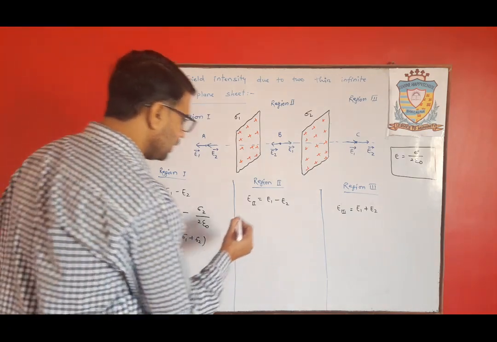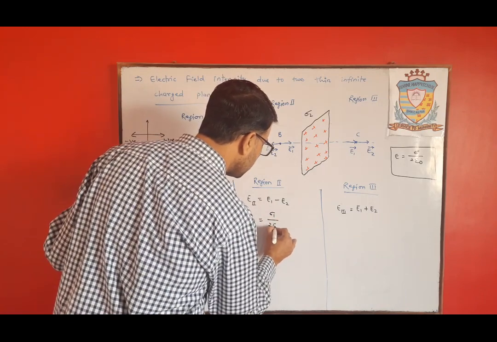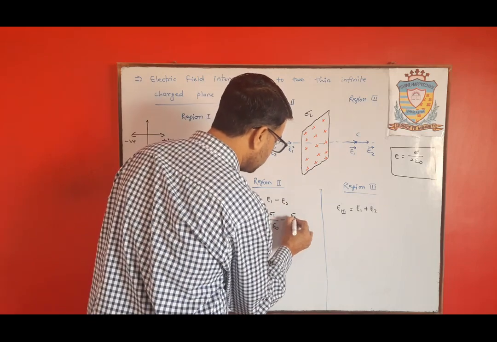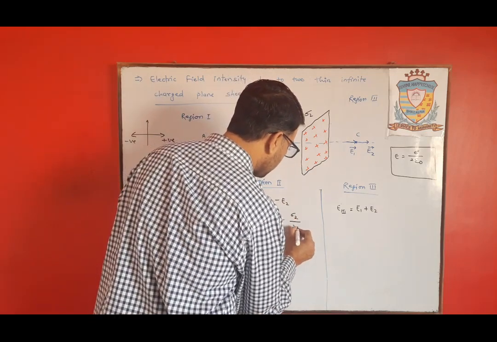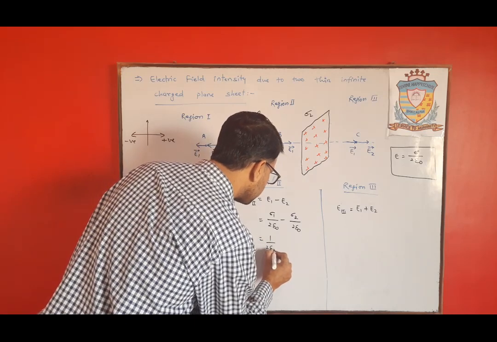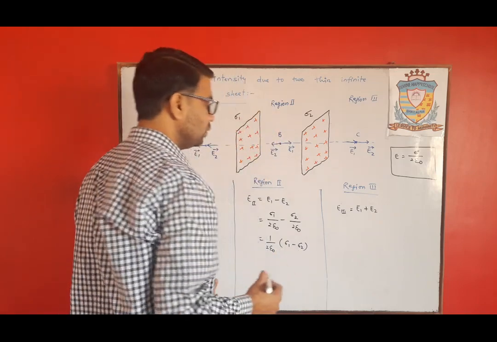Okay, similarly here the value of E1 is sigma 1 upon 2 epsilon naught minus E2. In place of E2, what we have, that is sigma 2 upon 2 epsilon naught. So we will take 1 upon 2 epsilon naught common. Here what we have, sigma 1 minus sigma 2.